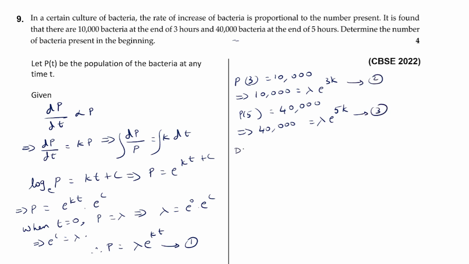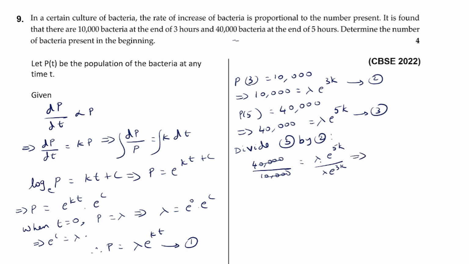Now let us divide 3 by 2. We get 40,000 by 10,000 equal to lambda into e raised to 5k upon lambda into e raised to 3k.